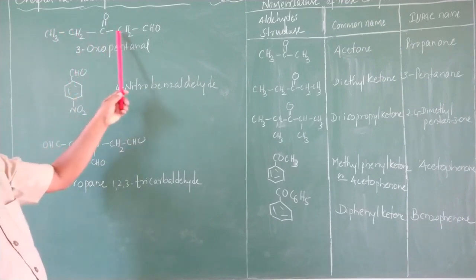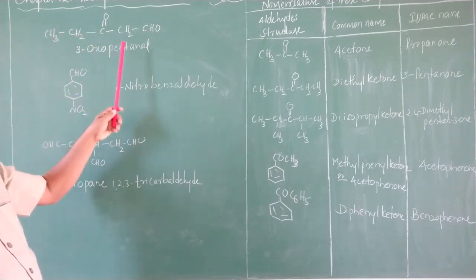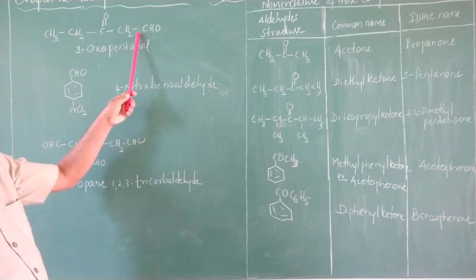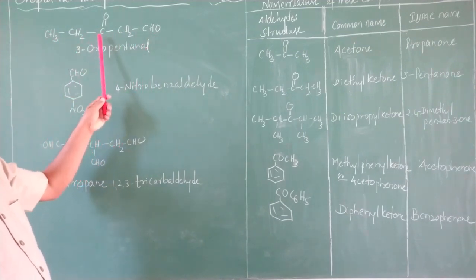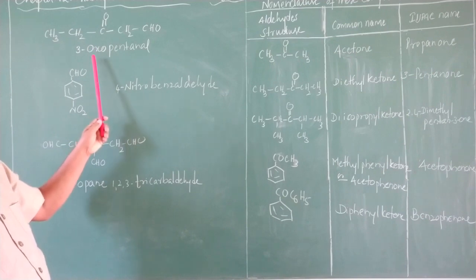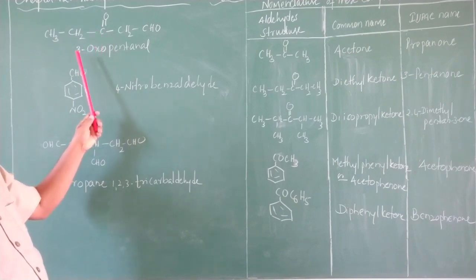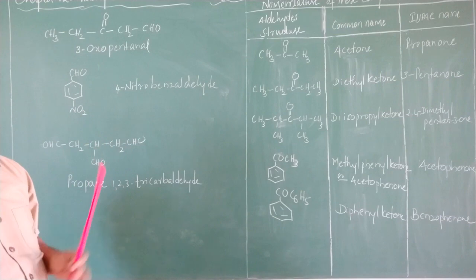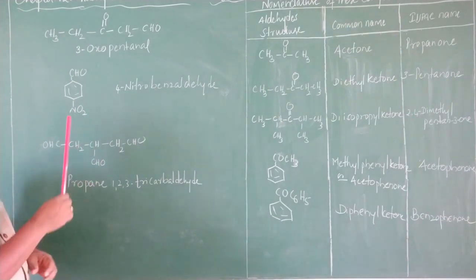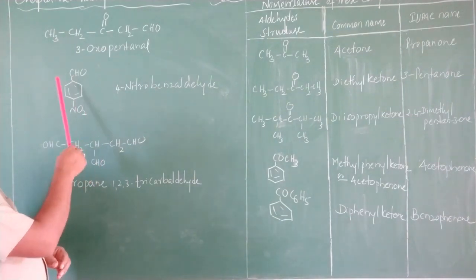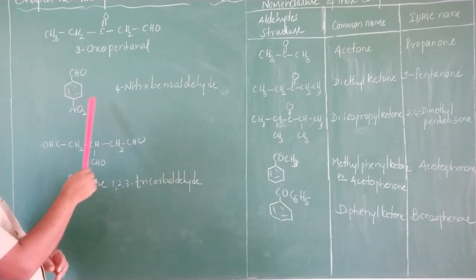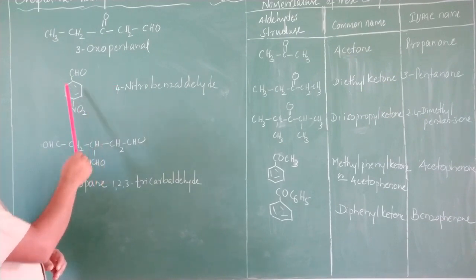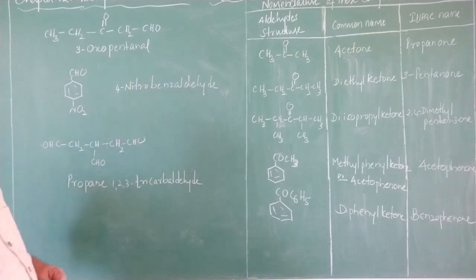This main chain contains 5 carbons, and at the end an aldehyde group, pentanal it is, but the third carbon has this oxygen attachment, therefore 3-oxopentanal it is. Another compound is benzaldehyde with the nitro group attached to the fourth carbon, 4-nitrobenzaldehyde it is.